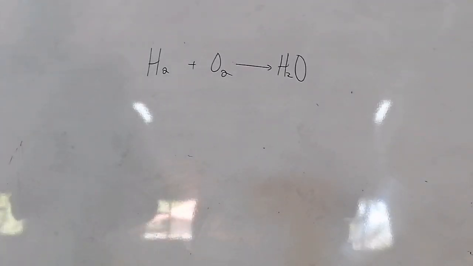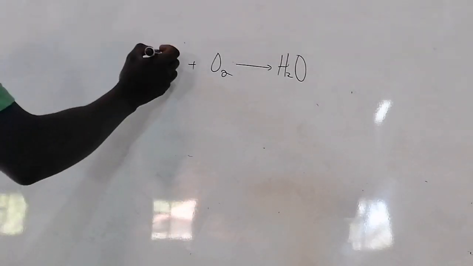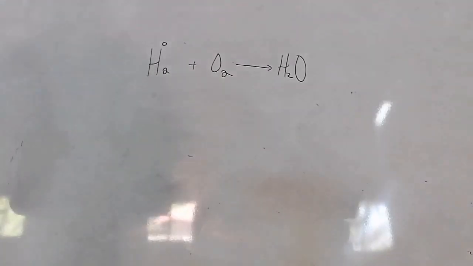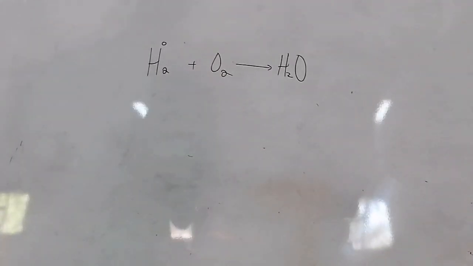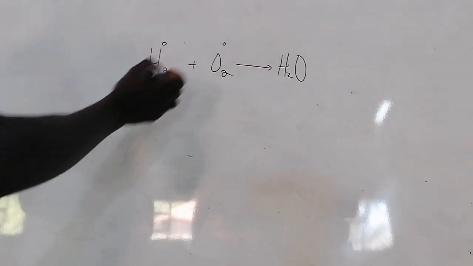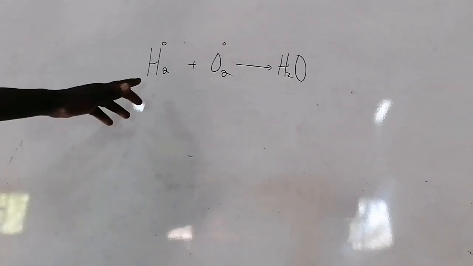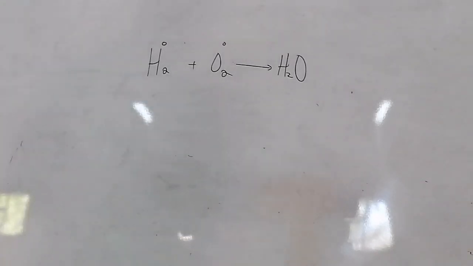All right, I told you in that lesson, where I showed you how to determine the oxidation numbers, that whenever you have a monoatomic element, its oxidation number is always 0. So even here we have 0, but we know that when a hydrogen atom is bonded with another element, its oxidation number will be +1.